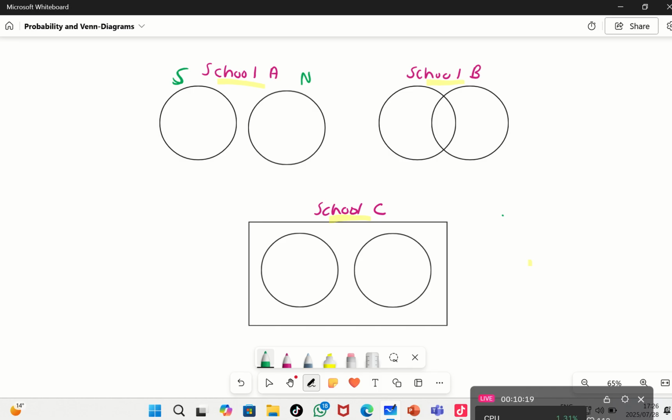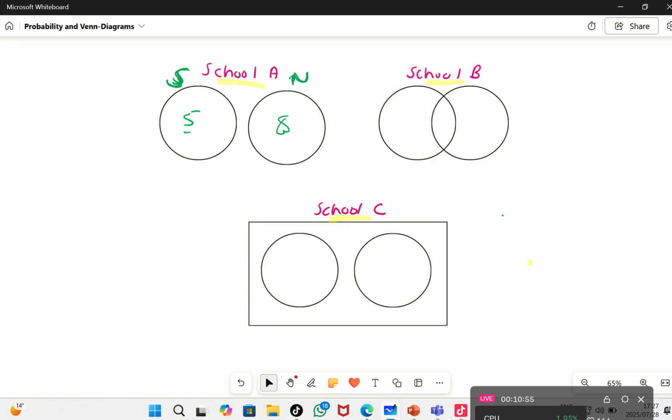The number of learners playing soccer in the school is 5, while the number of learners playing netball in the school is 8.